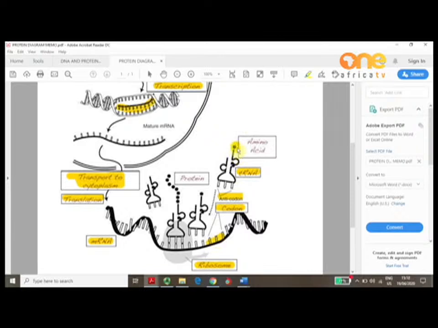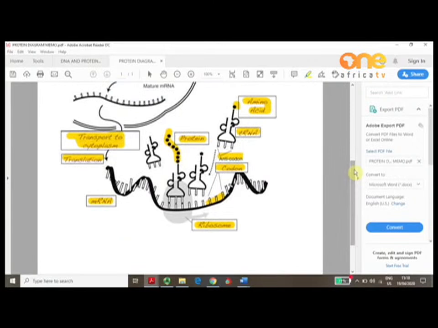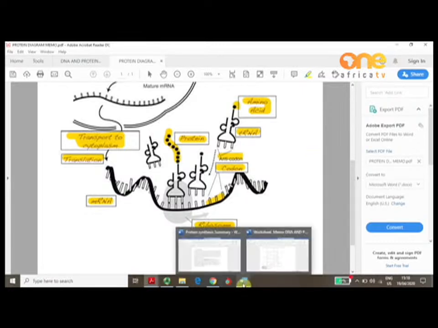Attached to this, there will be a specific amino acid, and as these amino acids are in a specific sequence linked via the tRNA, we will eventually have a protein. I hope that you got this one, and while you are doing this, repeat. Read in your textbook to find the correct answer.